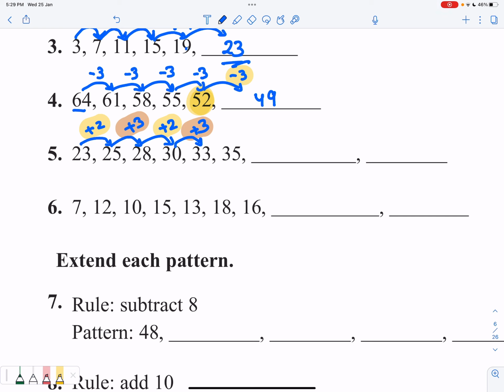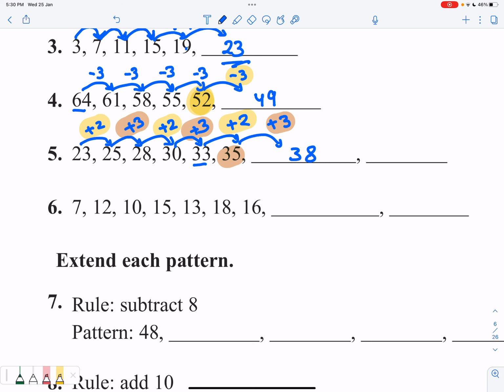So the next here, from 33 to get 35, of course, we're adding 2. So after we add 2, the next time, of course, we add 3. So we need to add 3 to this number, which is 35. So we're going to say 35 plus 3. It's going to be what? 38.